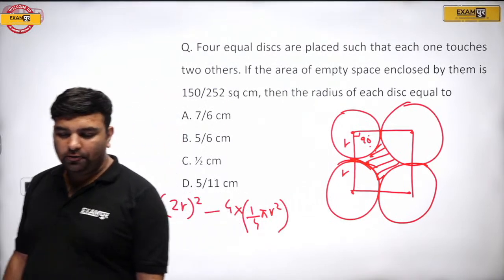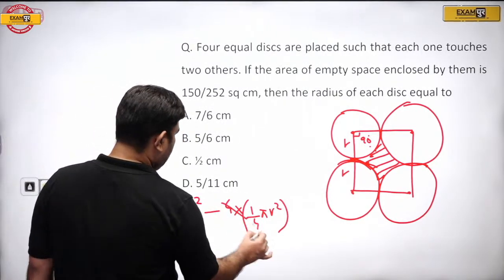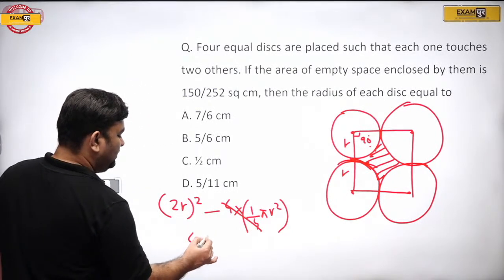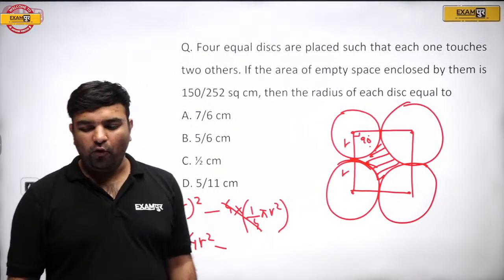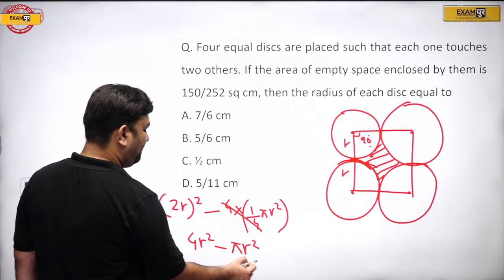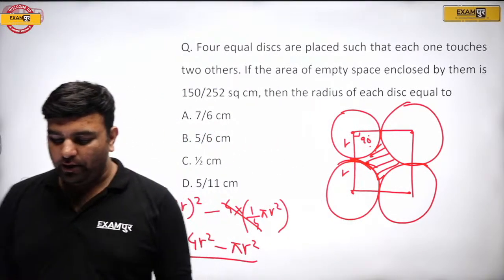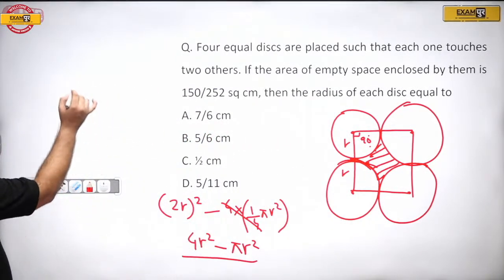So the area of the middle portion is 4r square minus pi r square.